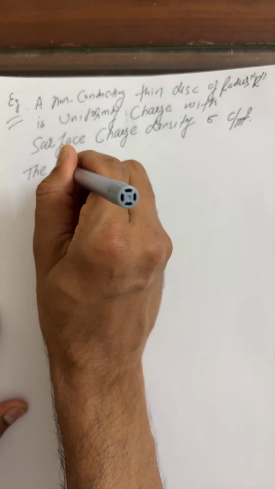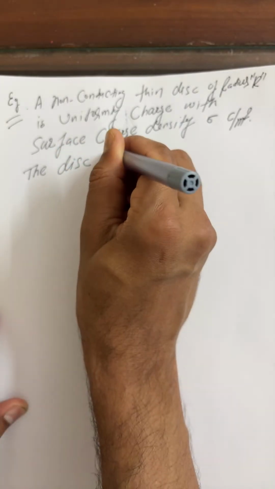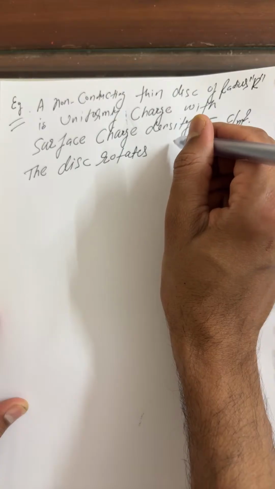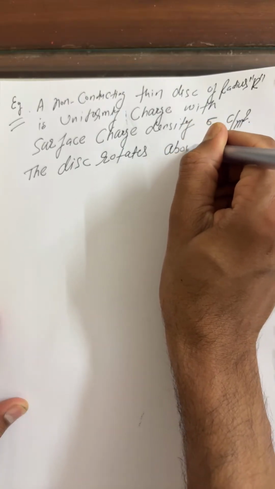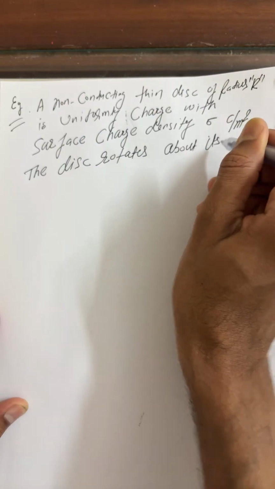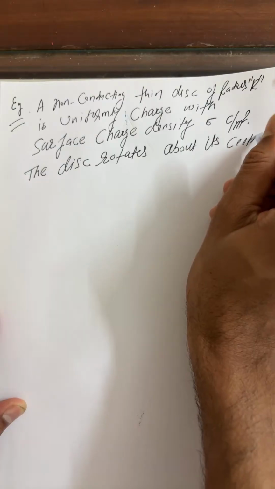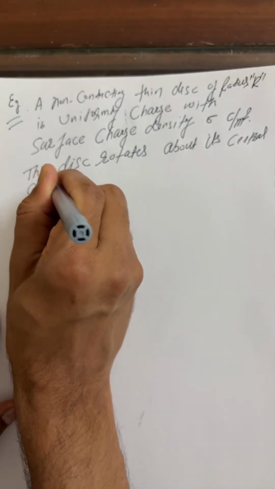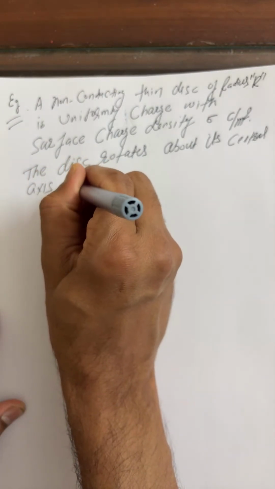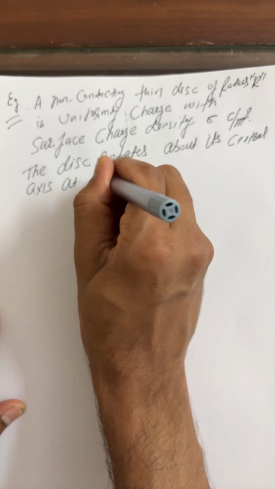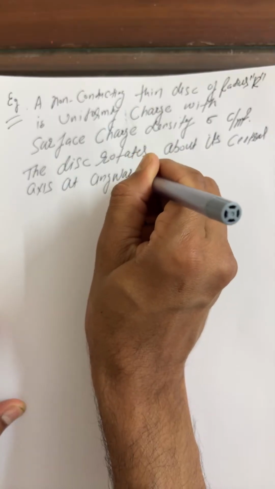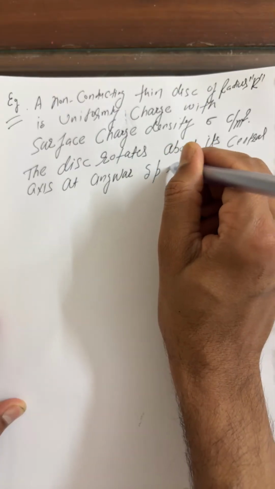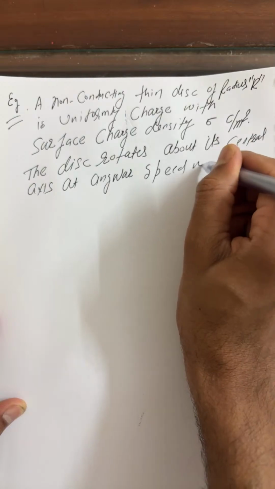The disk rotates about its central axis at angular speed omega.